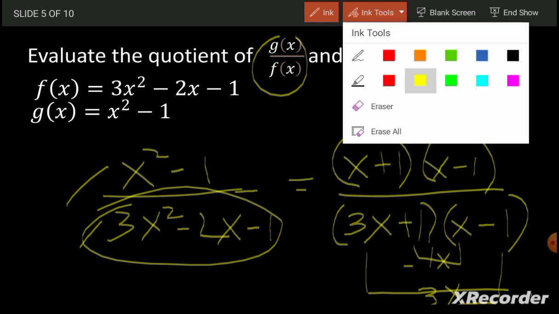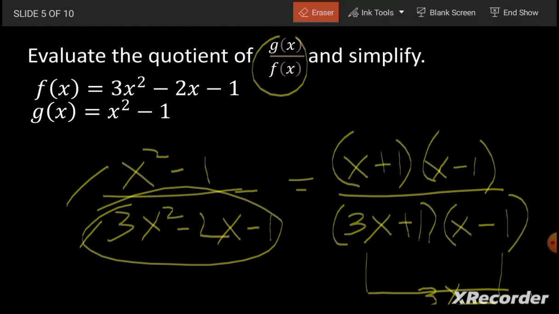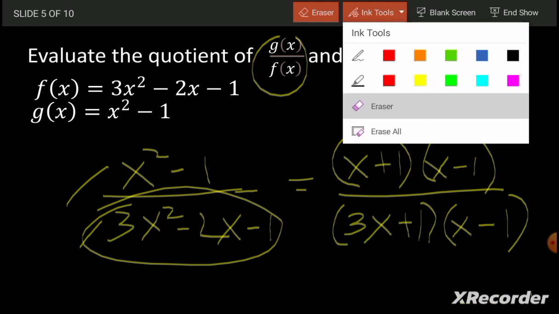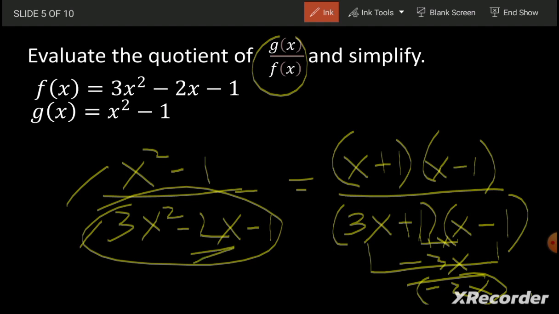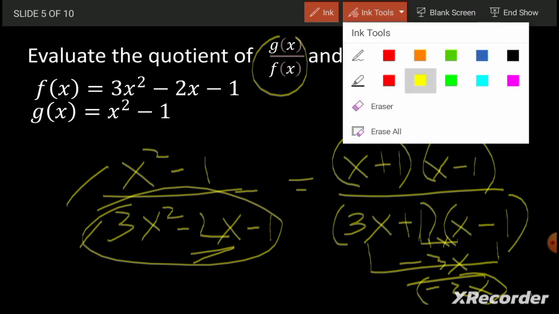So if we multiply the outer terms, we have negative 3x, and if we multiply the inner terms, we have 1x, and if we add, we have negative 2x, which is the middle term of our quadratic expression. So this is the correct factoring.